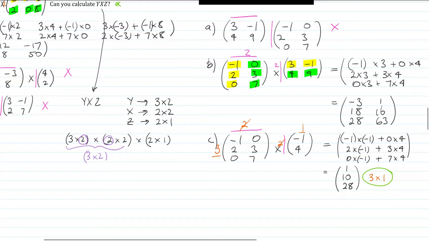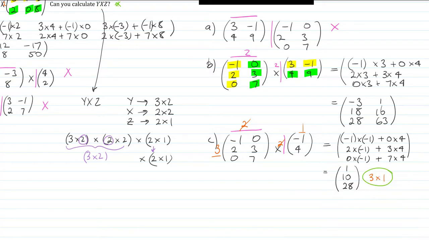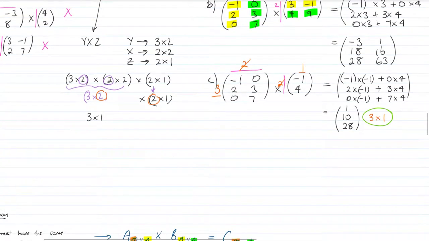And then, if we bring down this guy, we get times by 2 by 1. And then we get 3 by 2 times 2 by 1. 2 by 2 works, and we get a 3 by 1. So isn't that really good? So it works, and the answer is yxz.